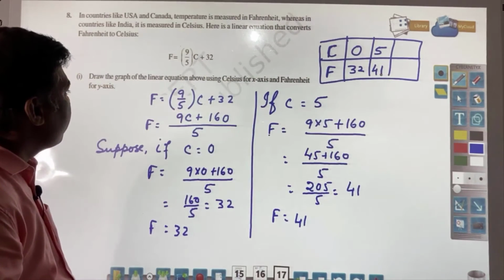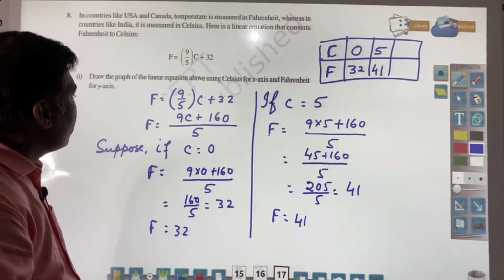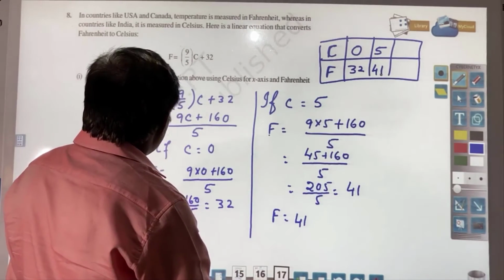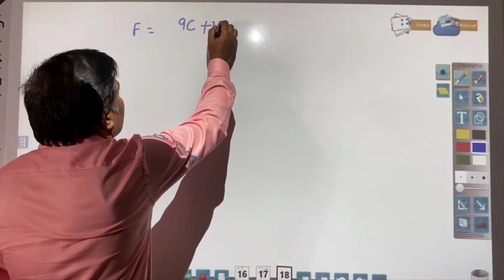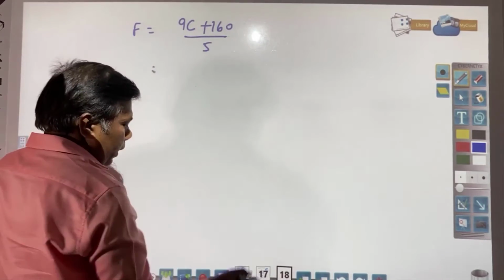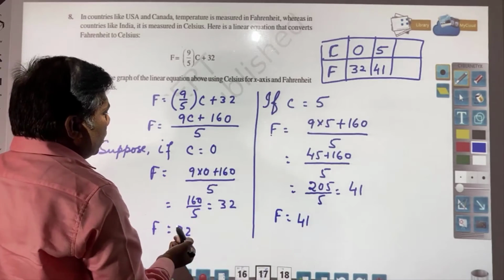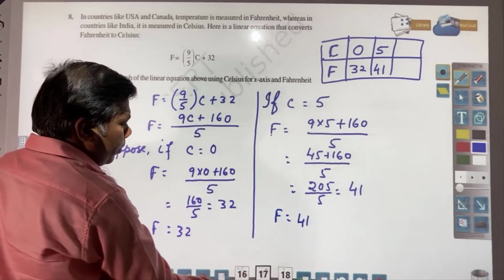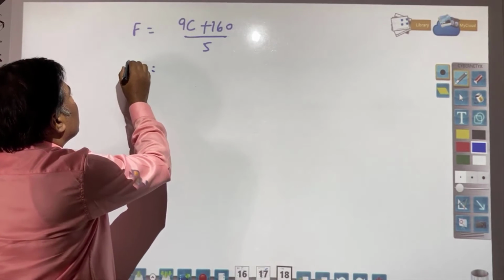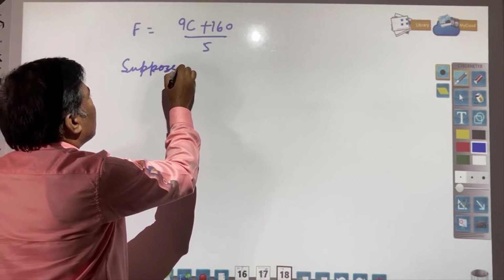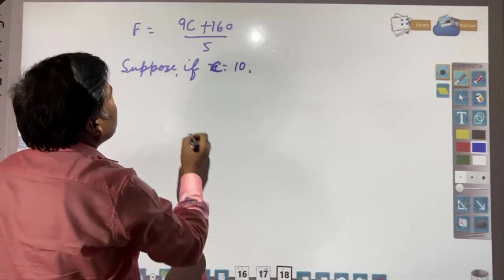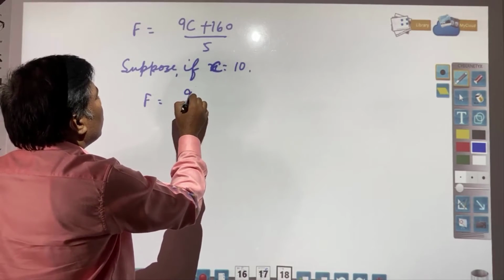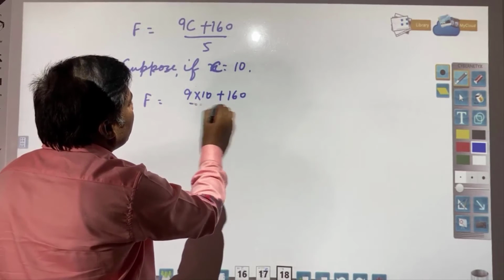Then if C is equal to, F will be 9C plus 160 by 5. Here suppose C is equal to 10, in this case F will be equal to 9 into 10 plus 160 by 5.